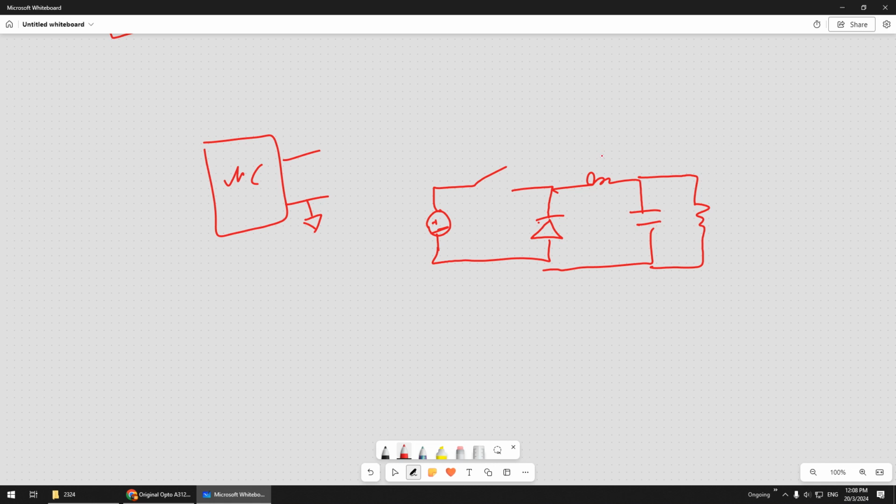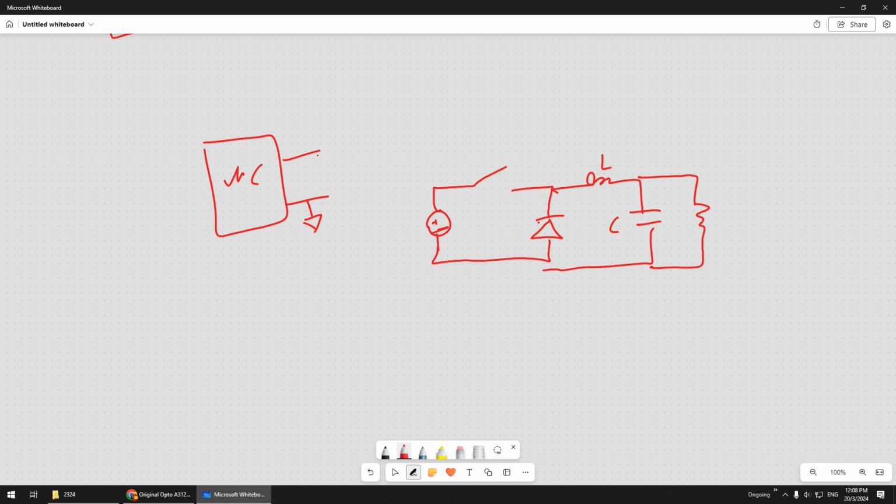Okay, so you have a power supply here, and then you have the switch, buck converter, and diode, something like this. This one positive, negative, and inductor, capacitor. So LC, diode, and the switch.